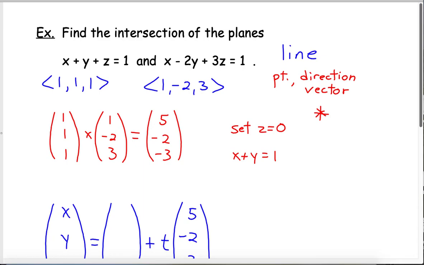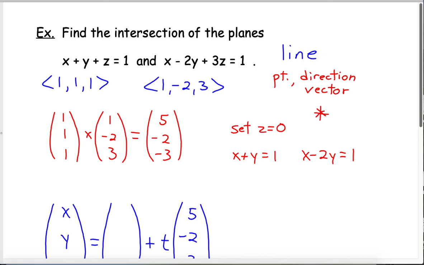And then in the second plane, if I plug in z equals 0, I'm going to get x minus 2y plus 0 equals 1. That's another line in the xy plane. The intersection of those two lines in the xy plane will give me a point, and that point is on the intersection of the two planes from the original problem. You might have to play this back a couple times to get all of this.